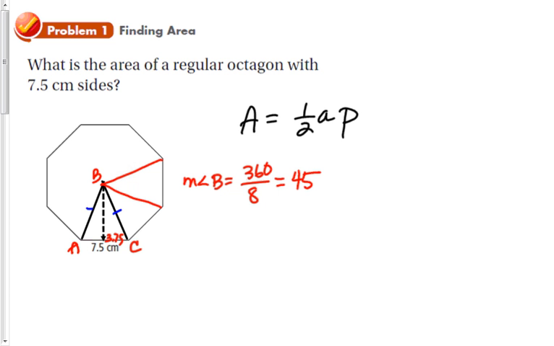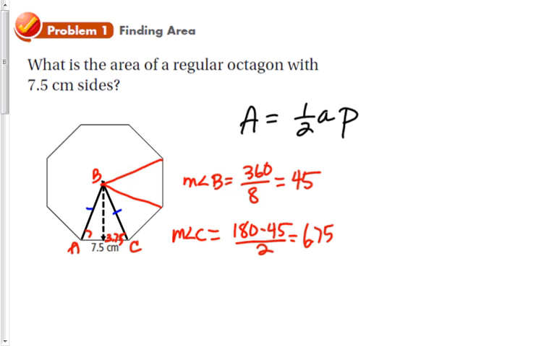Now that I know that angle B is 45, I can find the measures of angles A and C also. Since it's an isosceles triangle, they're equal, so the measure of angle C is equal to 180 minus 45 divided by 2, and that's 67.5.